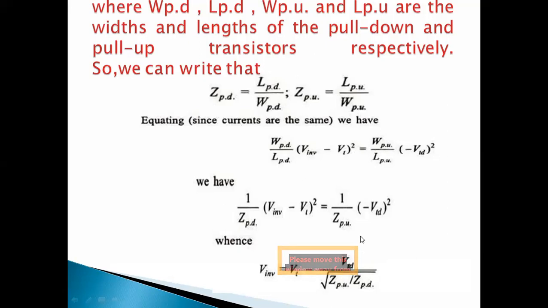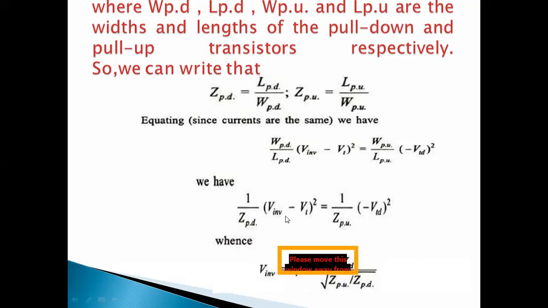Just we have to get V inverse equal to Vt minus VTD divided by root of ZPU by ZPD. How will we get that? Just take the square root of this thing, the square root of this. That gets cancelled.